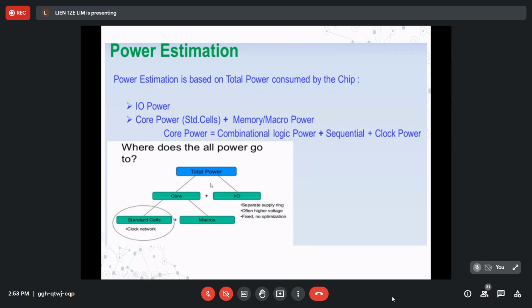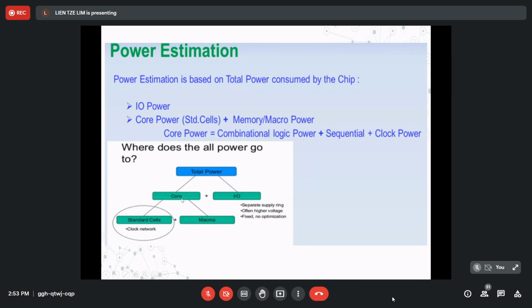Okay, this chart shows the total power. This total power is estimated from the core and the input output.